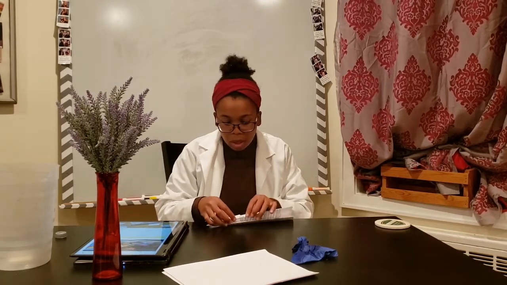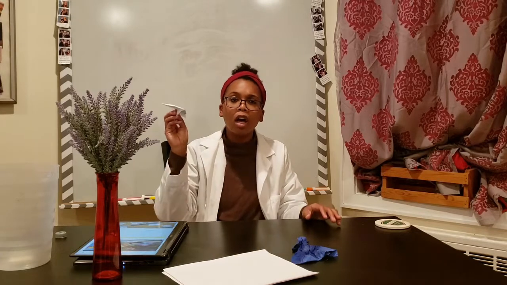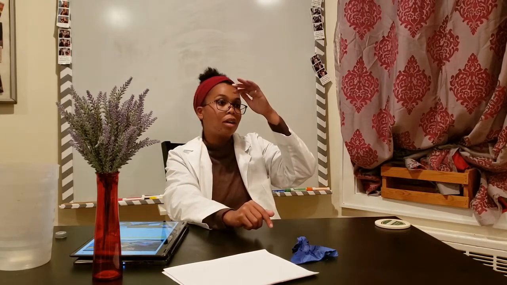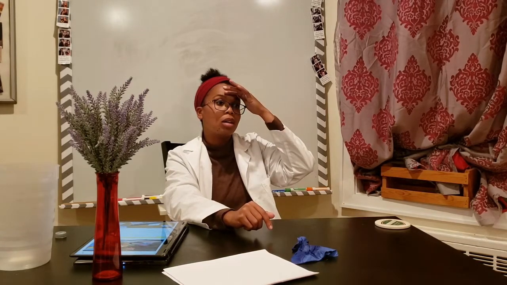And then make this last one here my go-to. See if it flies. Whoa, it goes really far. You can't see it, but it went really far. I think it's still going, actually. Goodbye, airplane.